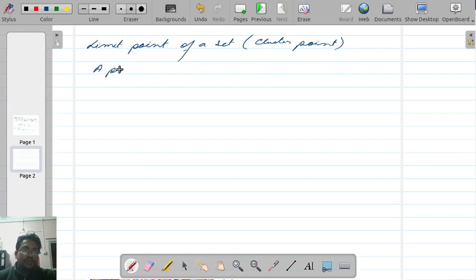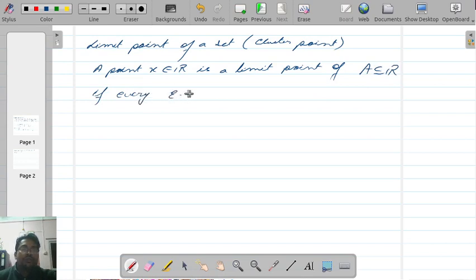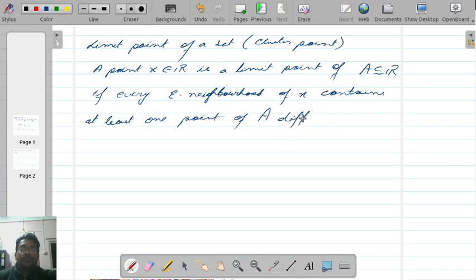A point x inside the set of real numbers is a limit point of a subset A of R if every epsilon neighborhood of x contains at least one point of A different from the point x itself.